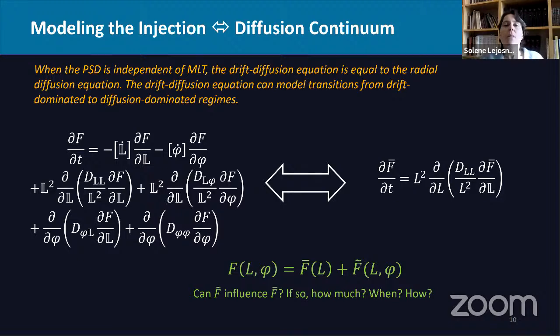The mathematical question behind this science question is: can the dynamics of my F tilde function influence the dynamics of the F bar function? So far, we have assumed that the F tilde dynamics exist but do not influence the F bar. So all the drift phase structures exist, but their significance is not as important in comparison with the radial diffusion equation, the dynamics of F bar.